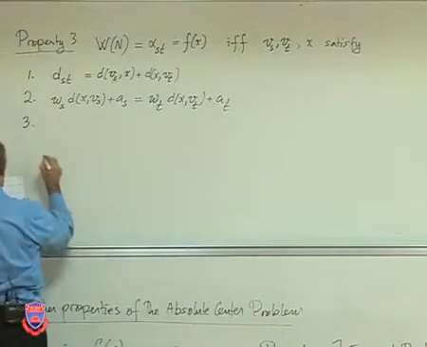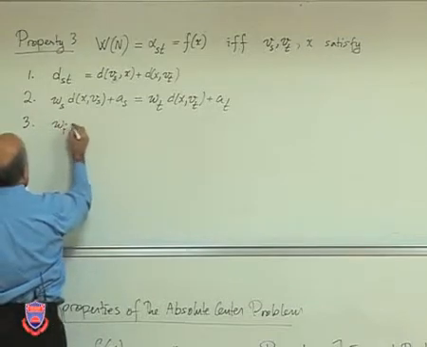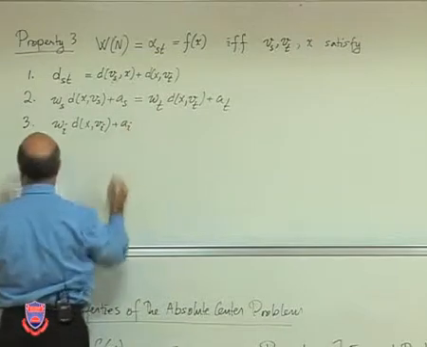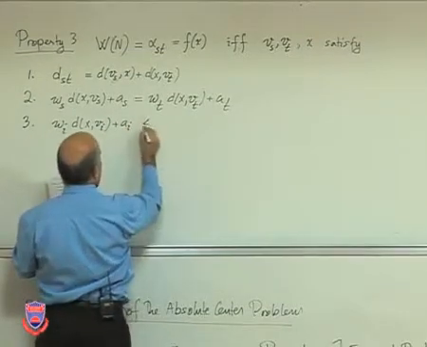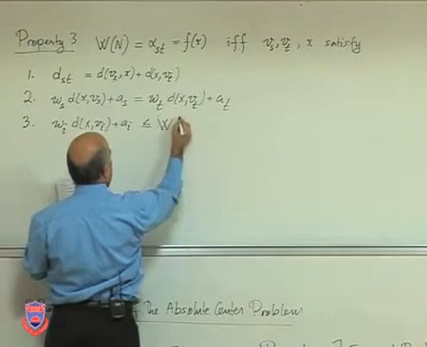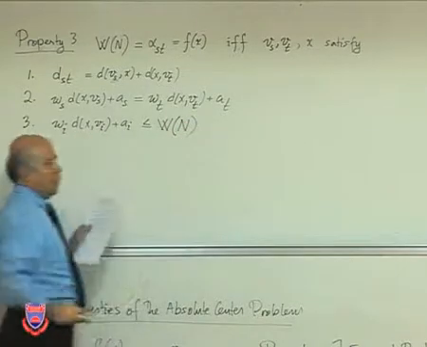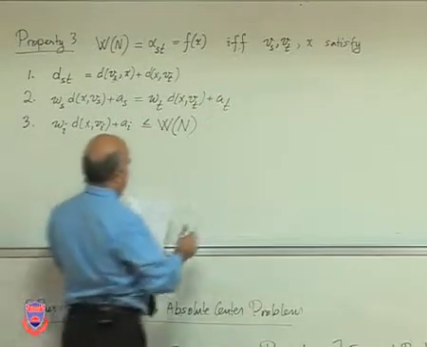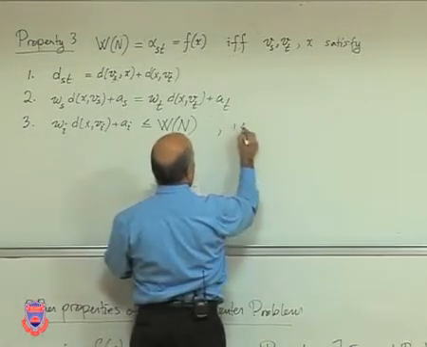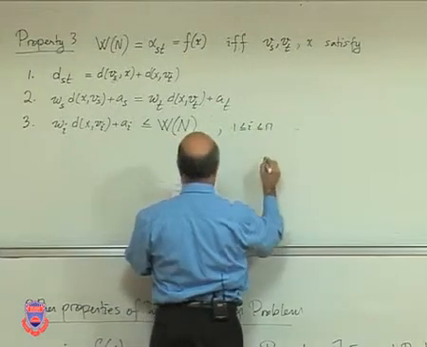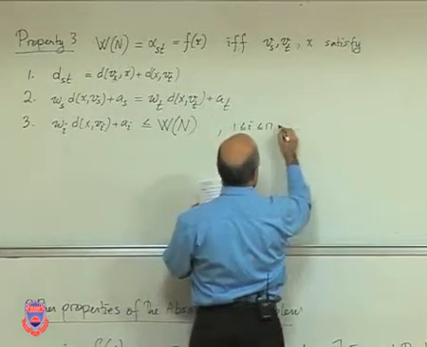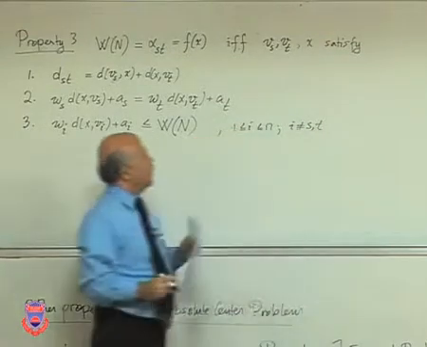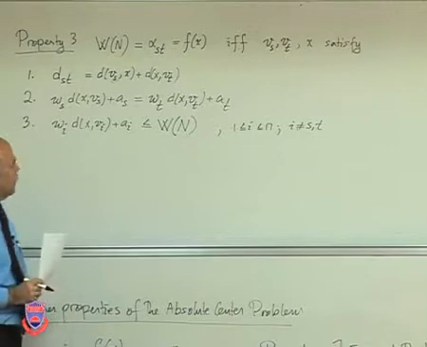And number 3, Wi dx Vi plus Ai is less than or equal to the weighted diameter of the network. This should be true for every i different from S and T.